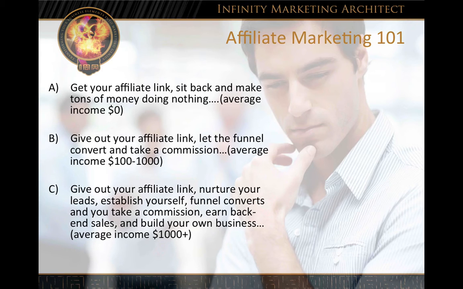You establish yourself, branding, positioning. Then, only then, do you let the funnel convert and you take a commission. So that is not just the funnel or web pages that the company that owns the product you are an affiliate for, letting that convert, but your own as well. That way you will even earn back-end sales and build your own business of doing this.